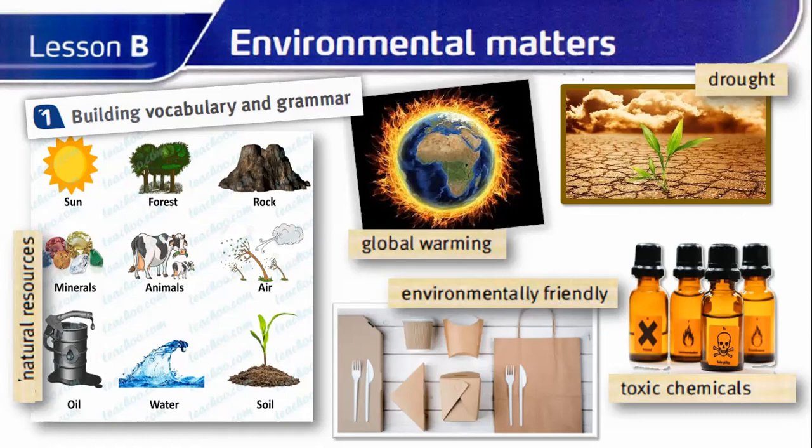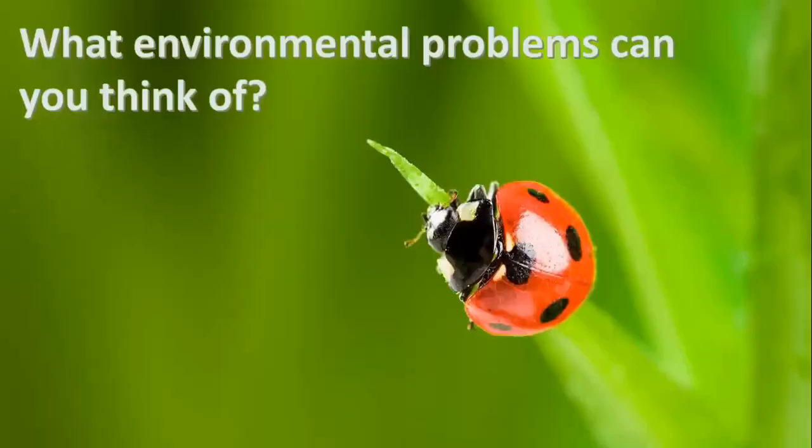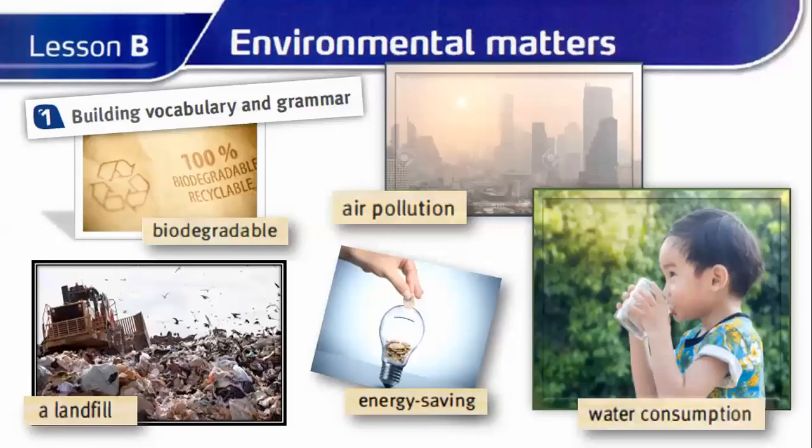This or this? Oh, no, that one. Are we good with vocabulary, guys? About the landfill. First one, biodegradable. Okay, biodegradable is something that you can, let's say like paper. You can have the paper and you can redo it.